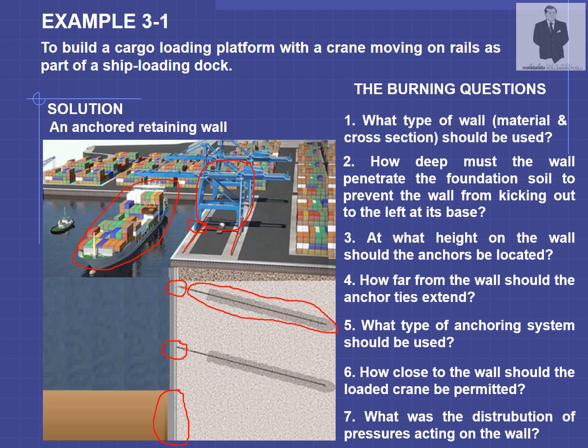Now, regarding hydrostatic pressure, if we think that the level of water behind the retaining structure is the same as the one in front, then the hydrostatic pressures in this case will cancel each other out, and we will have passive resistance, in other words, passive earth pressure in front of the wall as shown here, and the active pressure behind the wall.